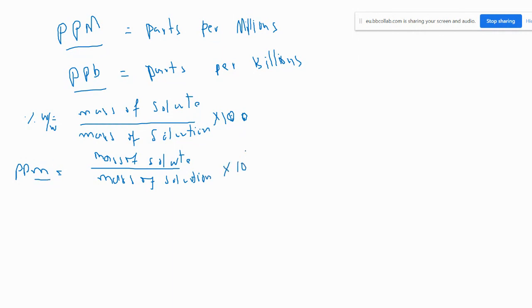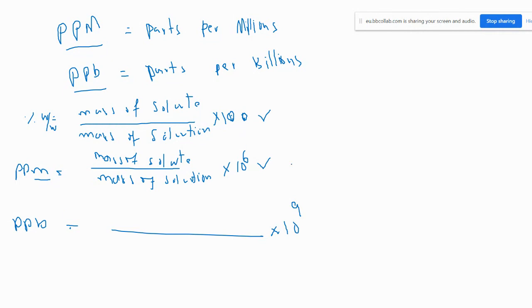This is the difference: here we multiply by 100, in ppm we multiply by 1 million. And ppb is the same, but you multiply by 10 to the power 9, which is a billion.